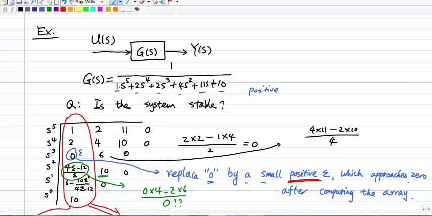After that, we let this epsilon approach 0 from the positive side to see what's happening.